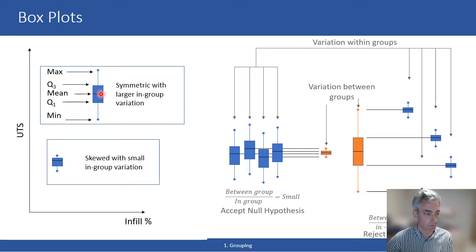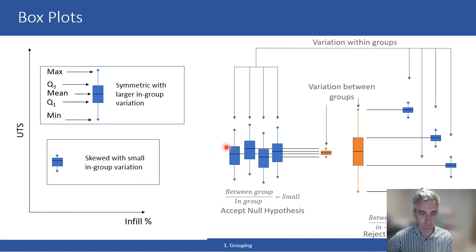Then you also plot the data value where 25% of the data is below, which is called the first quartile. You also plot the 75% mark, the data value where 75% of the data is below, and you also plot the arithmetic mean as a line. So this is a box plot.